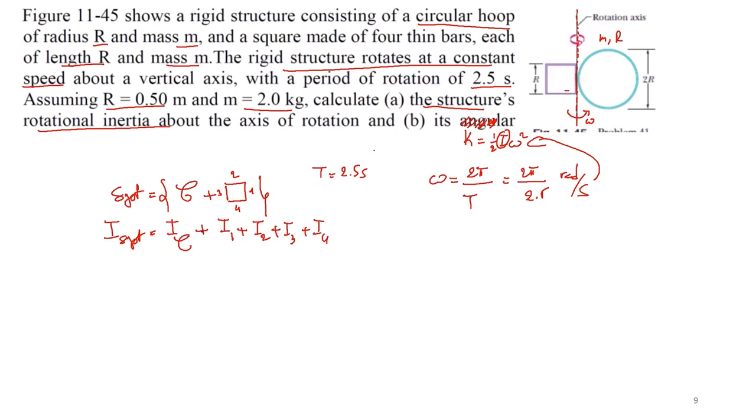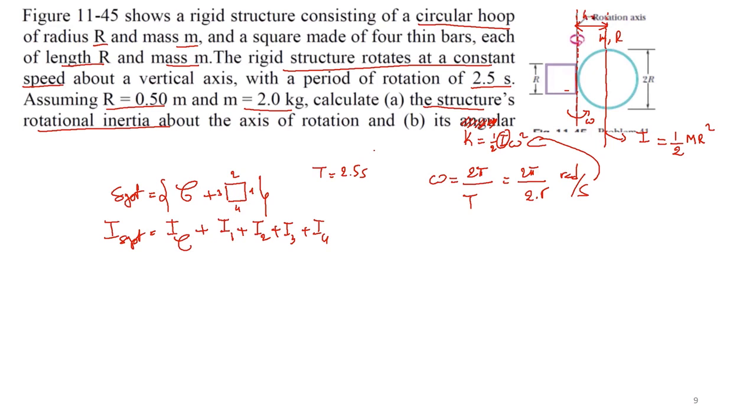Now, what is the moment of inertia of my circular hoop? As I told you, when the axis is passing through the diameter, what is the moment of inertia of the hoop around this axis, according to this formula sheet? If you remember, it's 1/2 of mr squared. Now here I shifted the axis from this to here, and it's tangent, of course, and it's parallel to the old axis.